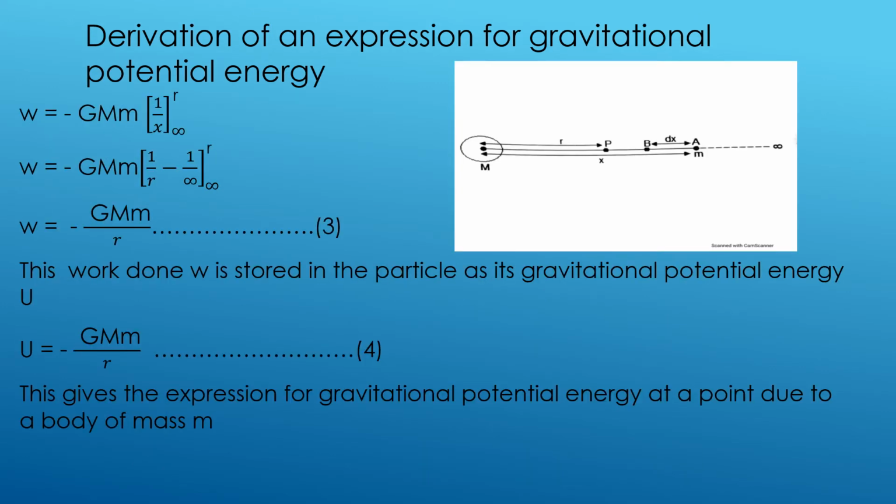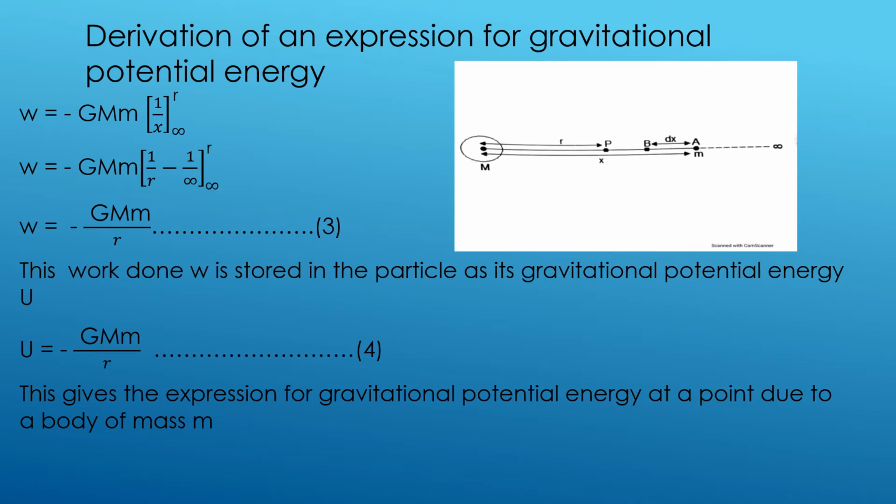Next, we will take the minus sign out, that is W is equal to minus capital G capital M small m in the bracket of 1 by x, with limits infinity to r. Next, we have to substitute the limits, that is 1 by r minus 1 by infinity. So W is equal to minus capital G capital M small m in the brackets of 1 by r minus 1 by infinity.